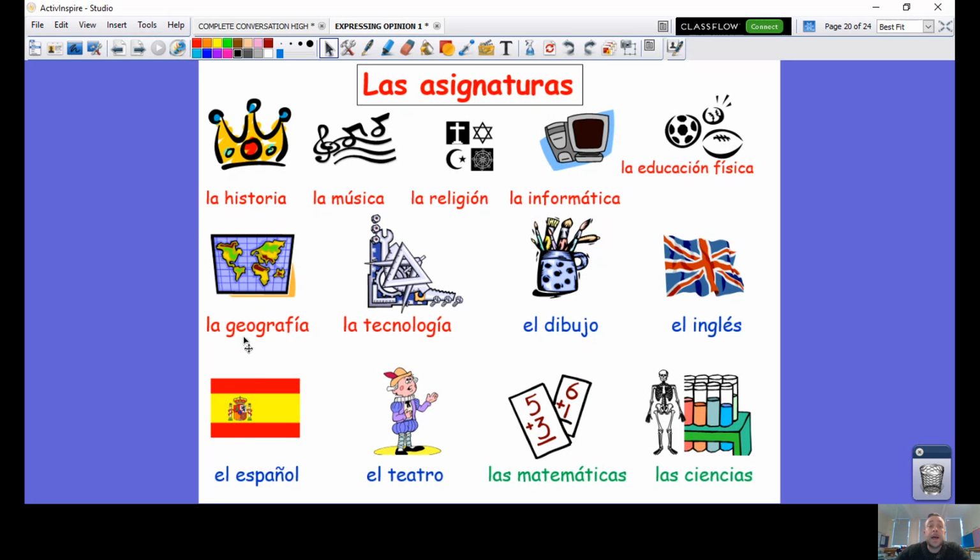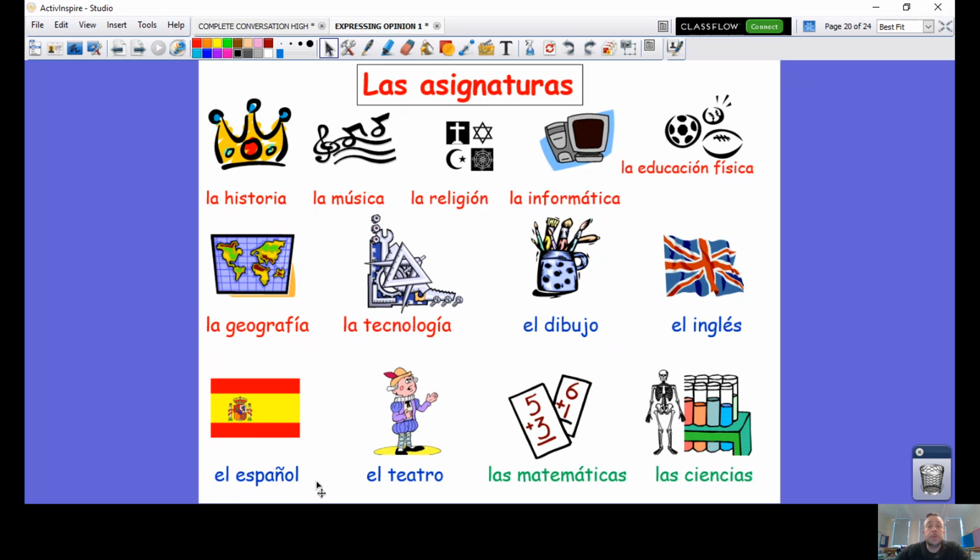La educación física, PE. La geografía, geography. La tecnología, DT. El dibujo, art. El inglés, English, literacy.